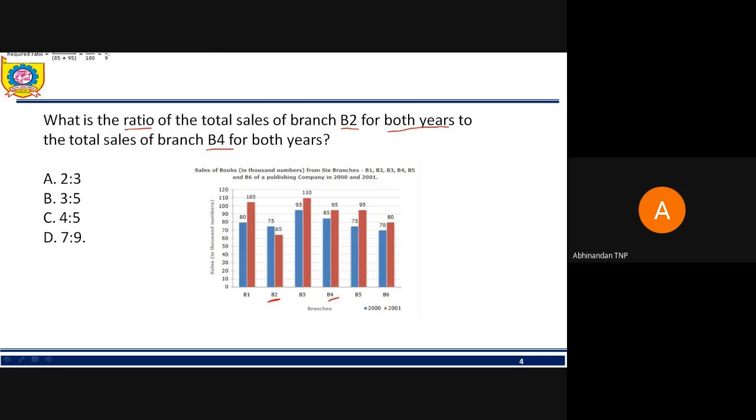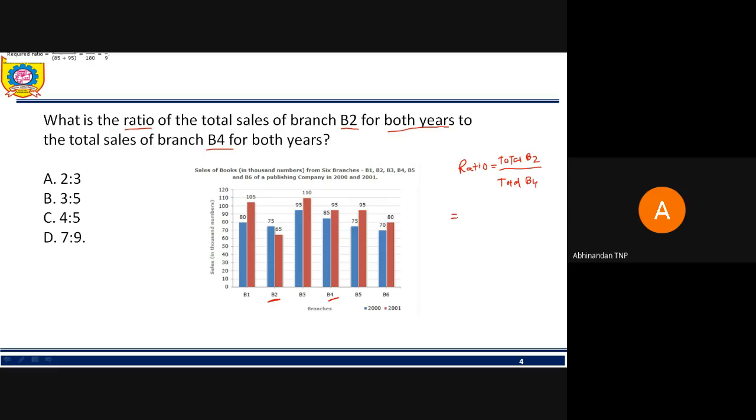Right? So the ratio, if I go for the ratio, how can you find out the ratio? Ratio is equal to the total sale of B2 divided by the total sale of B4, for both the years.